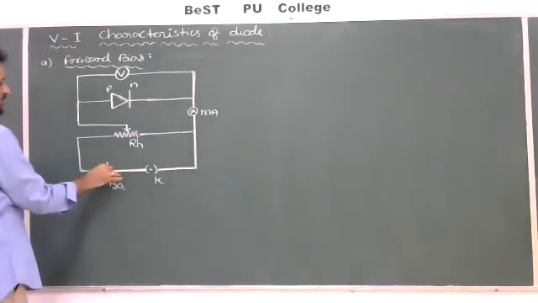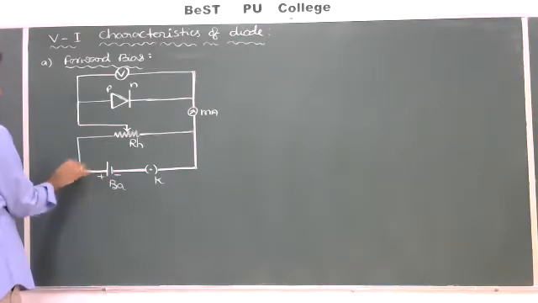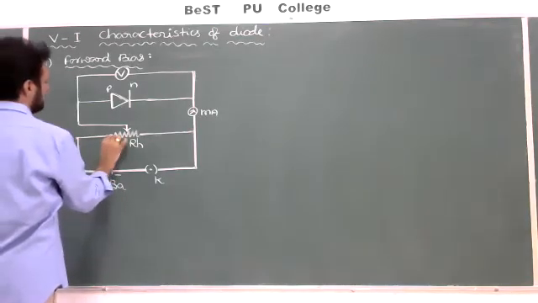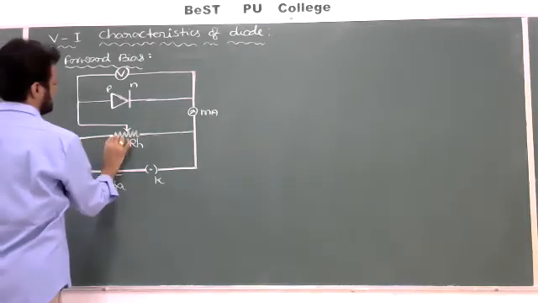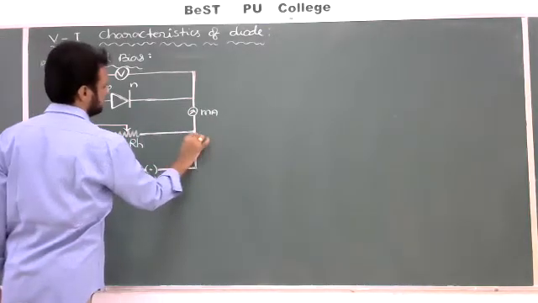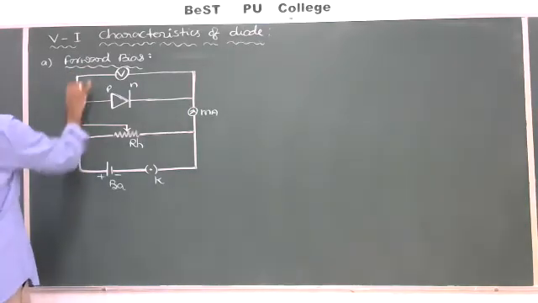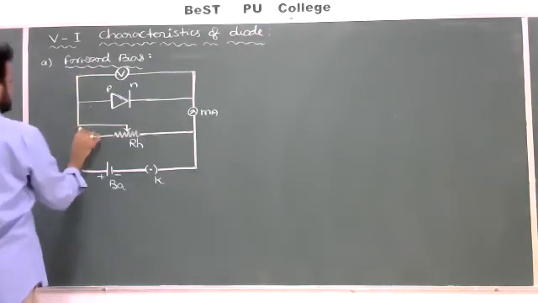So sometimes a 2 marks or 3 marks question will be asked. Draw the voltage current characteristics of diode when it is connected in forward bias. When the diode is connected in forward bias, draw the voltage current characteristics.